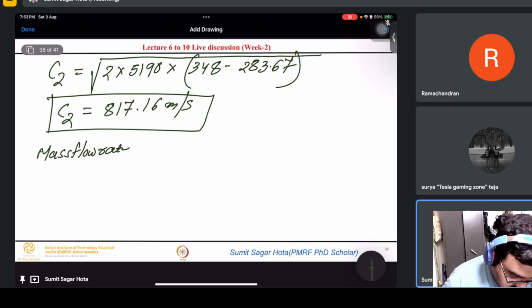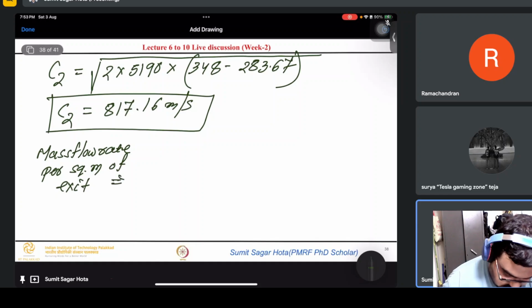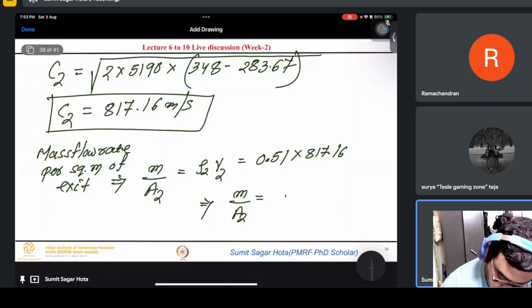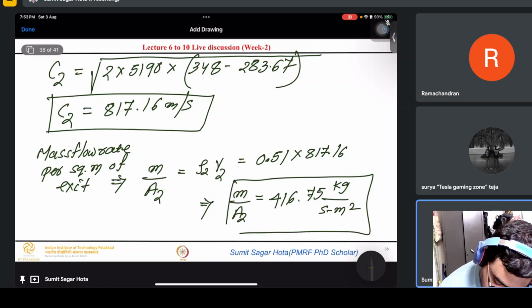Mass flow rate per square meter of exit implies m by A2 equals rho 2 V2, 0.51 into 817.16. So here m by A2 comes out to be 416.75 kg per second meter square. Okay, this is the answer.